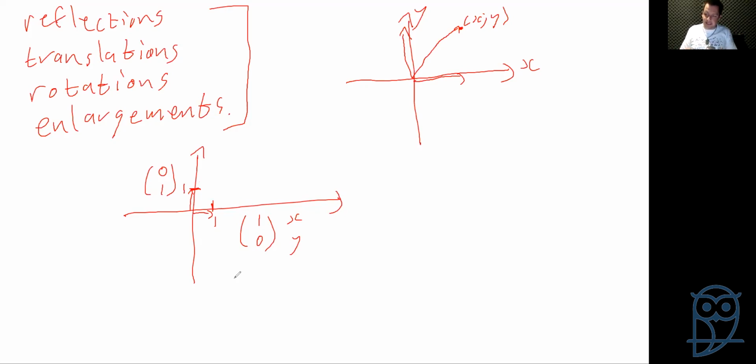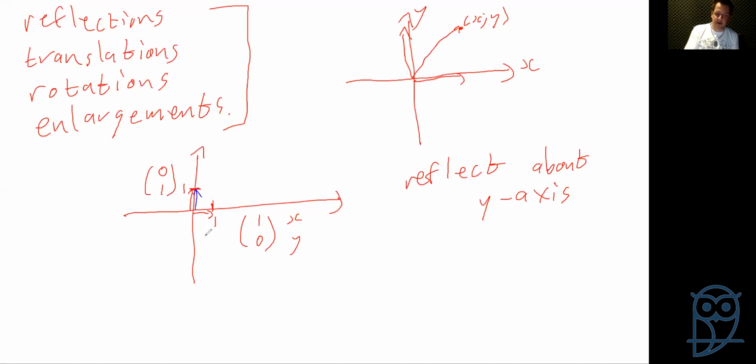So you might still be thinking, what is he talking about? So let's do something very simple. What if we reflect about the y-axis? What's going to happen? Well, absolutely nothing happens to my vertical vector. But this vector is going to change.